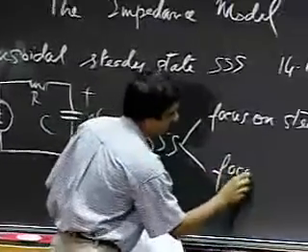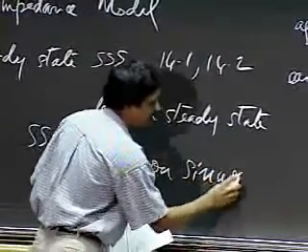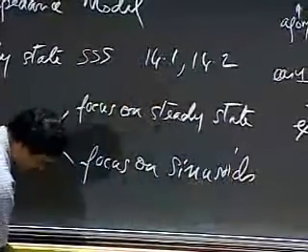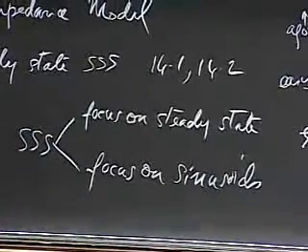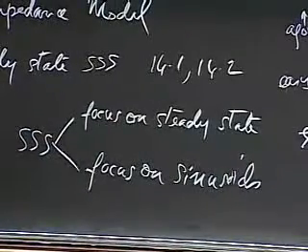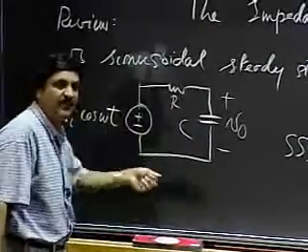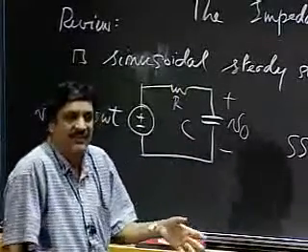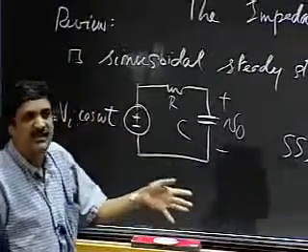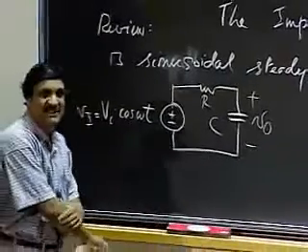And second was focus on sinusoids. The reason for this was that, let's say we did not care particularly what happened when I just turned on my amplifier. When I just turned on my amplifier, oftentimes you see some distorted sound coming out for a few seconds, and then you hear the much clearer sound.